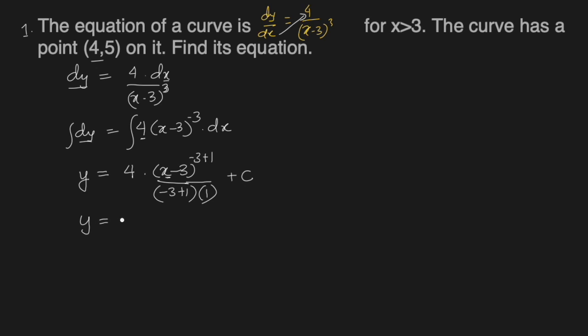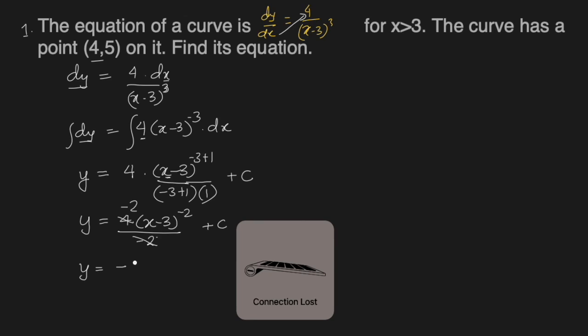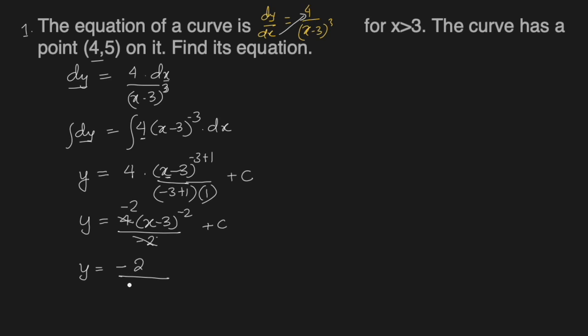So y equals 4 times (x minus 3) to the power minus 2 divided by minus 2 times 1, which is minus 2, plus c. Let's make this minus 2 positive by bringing it down, and this minus 2 can cancel with 4, which will become minus 2 here. So y equals minus 2 divided by (x minus 3) squared plus c.